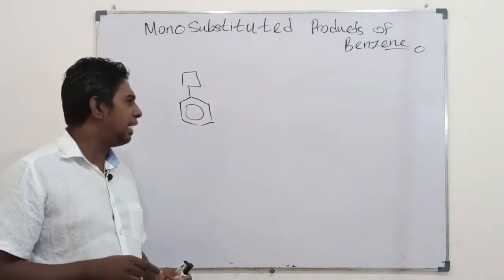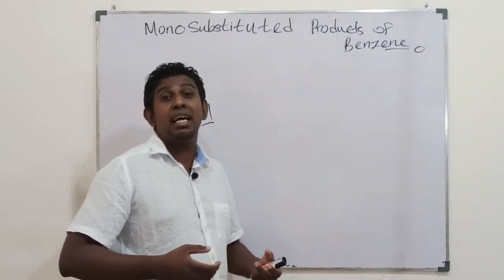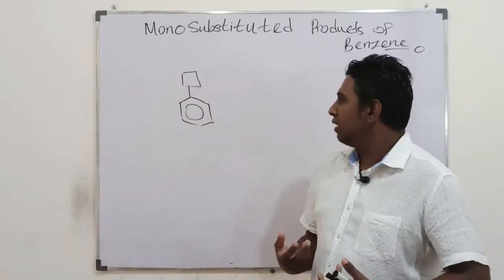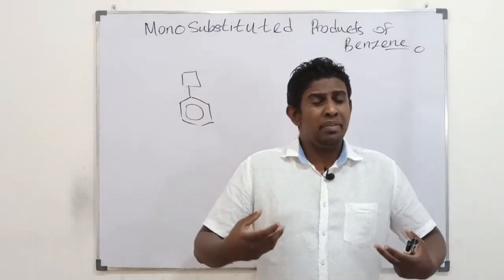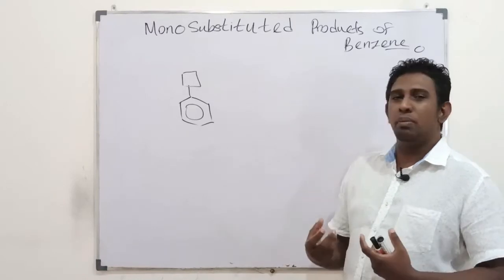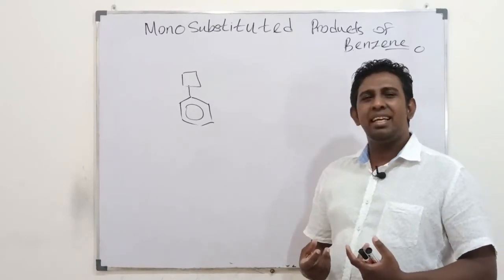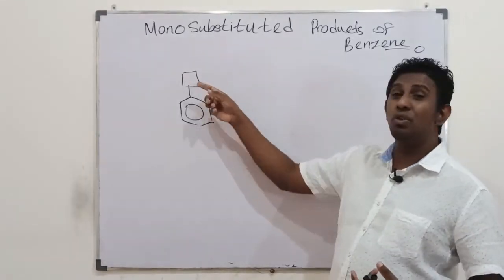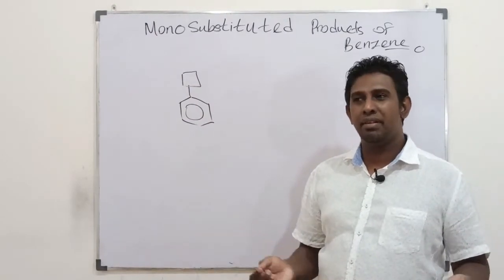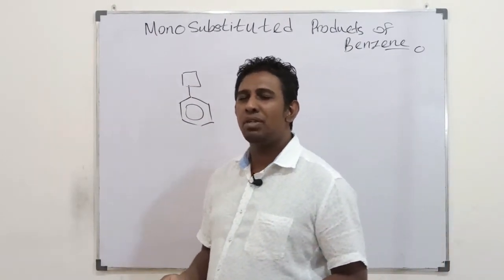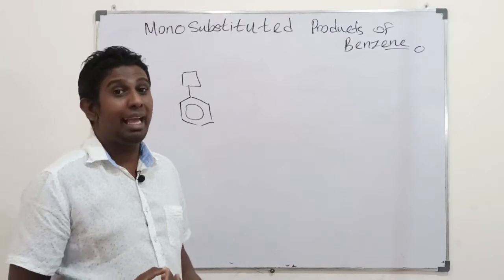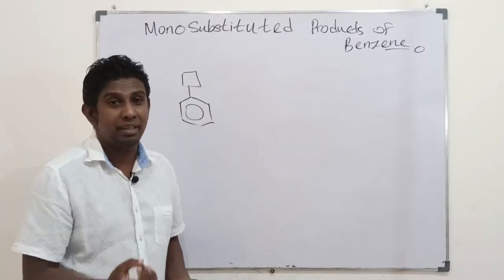Then students, in this lesson our effort is put on other substituted groups on benzene. Let's talk about an aldehyde group attached on benzene. Then finally we'll talk about a methyl group, an alkyl group, attached to benzene.